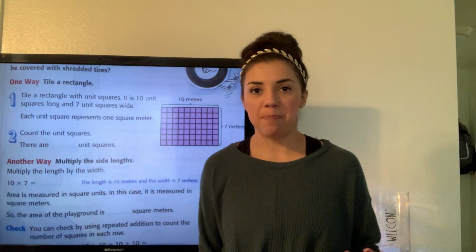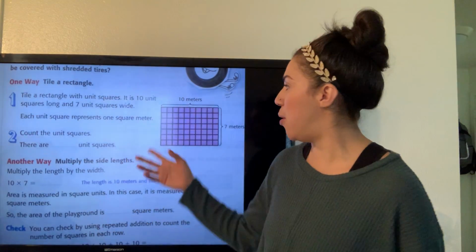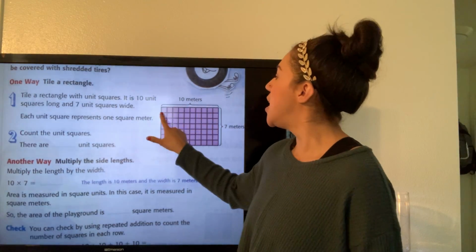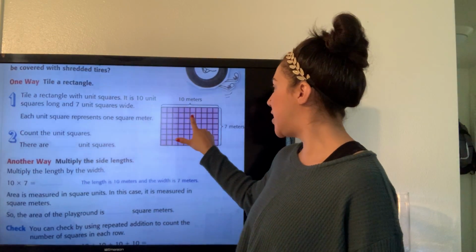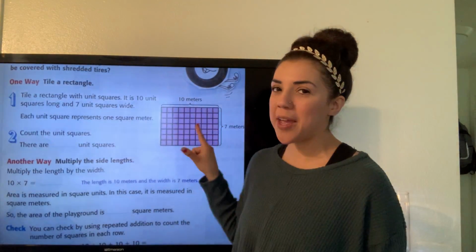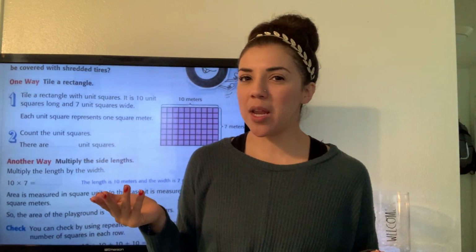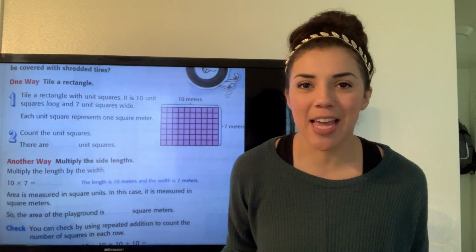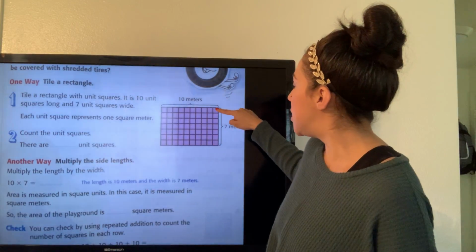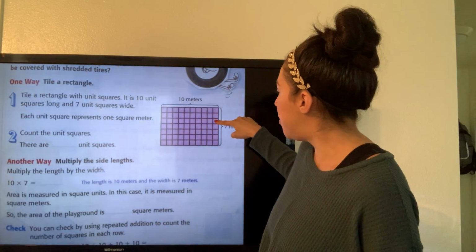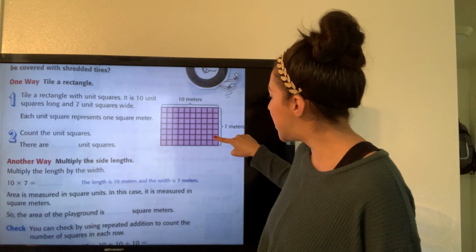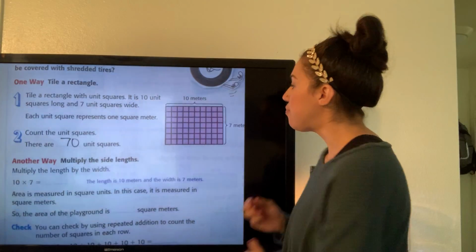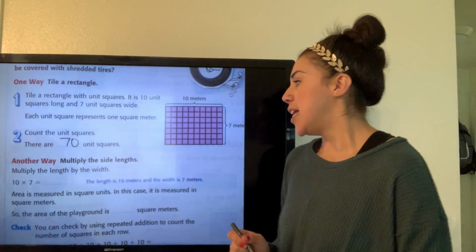Okay, now you could obviously count 1, 2, 3, 4, 5, 6, 7, 8, 9, 10, 11, 12, 13, 14, 15, 16, 17, 18, 19, 20. But if we know that there's 10 squares already across, let's just count by tens, okay? So it's 10, 20, 30, 40, 50, 60, 70. So there are 70 unit squares.